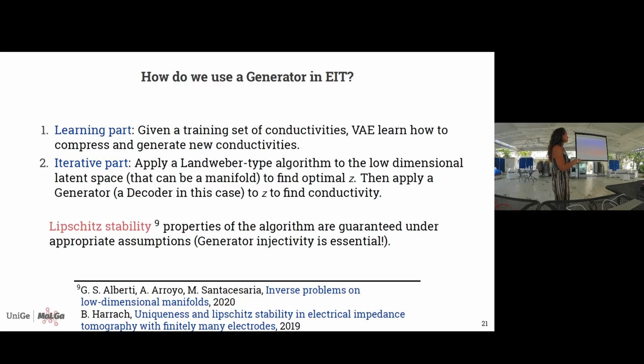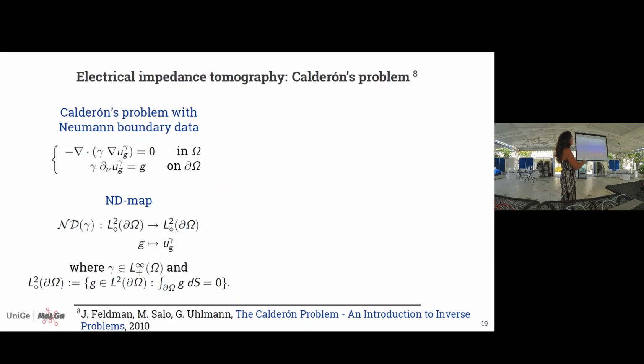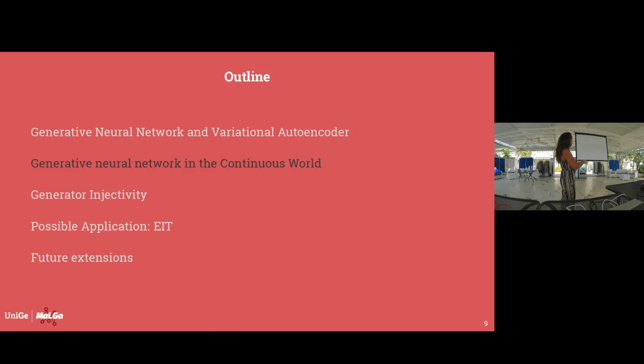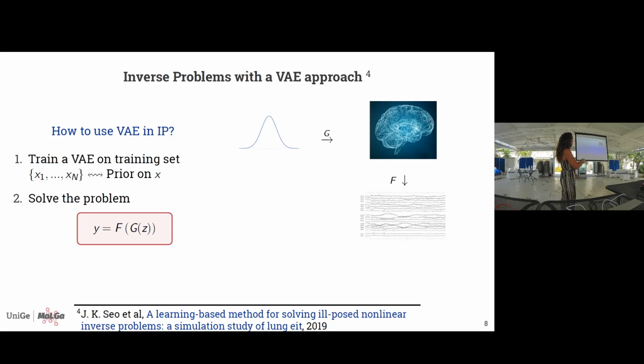So I do the Landweber iteration on the space of Z. At each time my problem involves both the derivative of the forward operator, that is the Neumann to Dirichlet map, composed by the derivative of the generator, because we apply the Landweber algorithm to this composition.